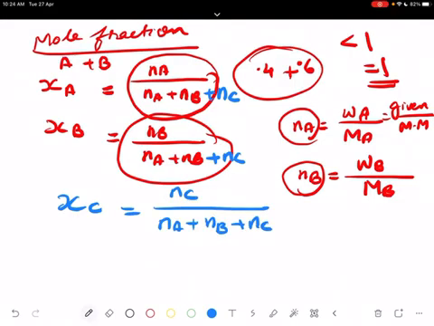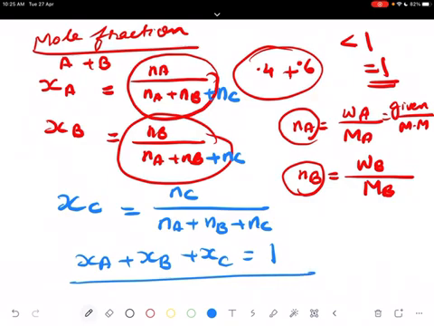Now you add all those things: Xa plus Xb plus Xc is equal to 1. If there are I components, that is Xa plus Xb plus Xc plus etc. up to Xi is equal to 1. So the sum of the mole fractions of all the components in a solution is unity.